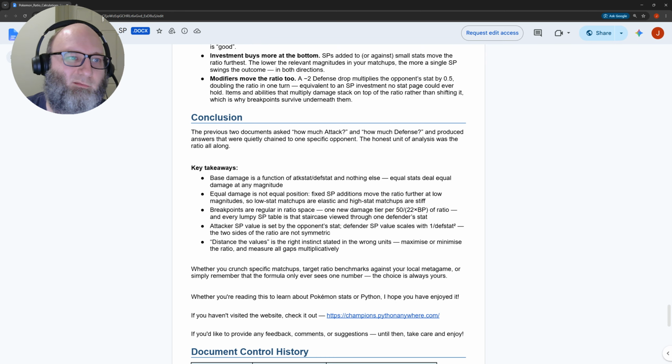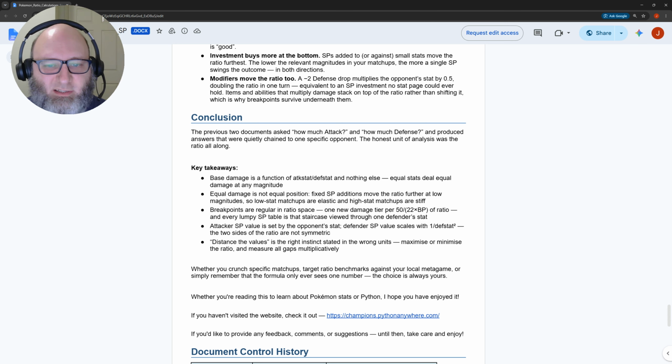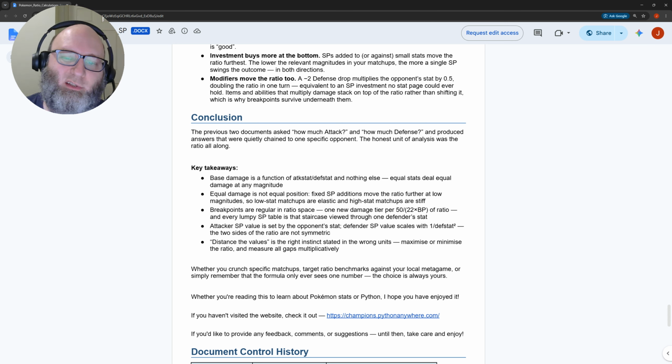Again, you're dealing with denominators and numerators. Distance between the values is the right instinct, stated in the wrong units. So maximize or minimize the ratio and measure all gaps multiplicatively. Whether you crunch specific matchups, target ratio benchmarks against your local metagame, or simply remember that the formula only ever sees one number, the choice is always yours.